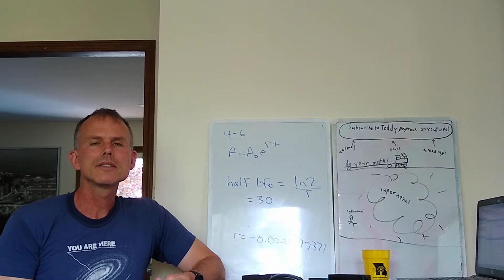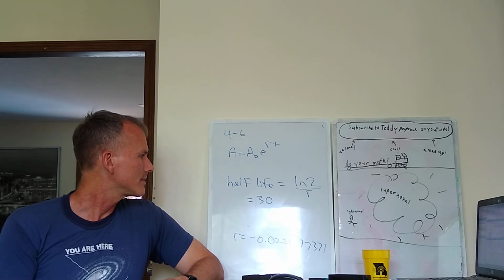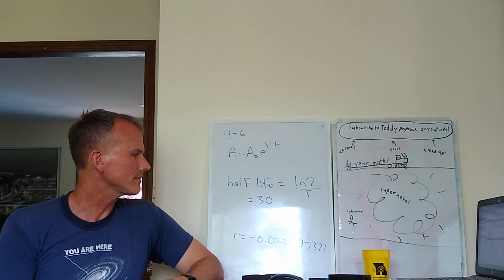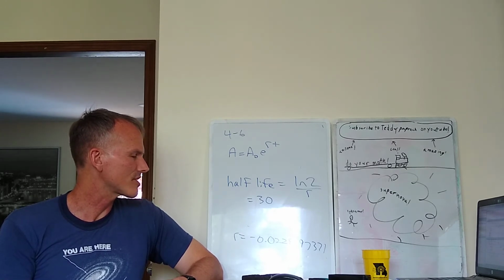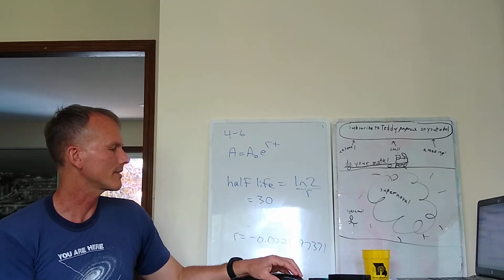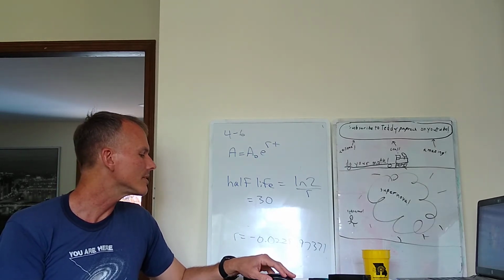Nearest whole number. Time is always measured in positive units, so that will be a positive answer. Okay, the next, 6 uses the same, 6 is still talking about the radioactive decay model. Let's look. Next one is 11.